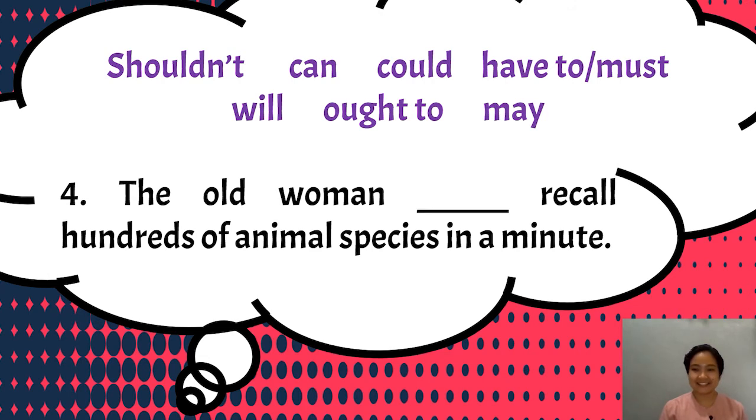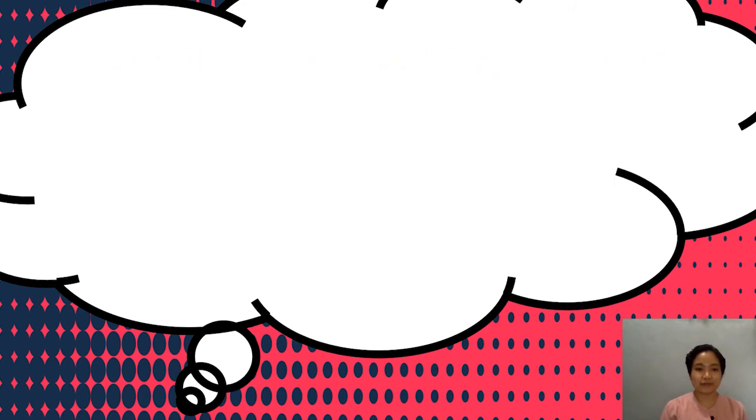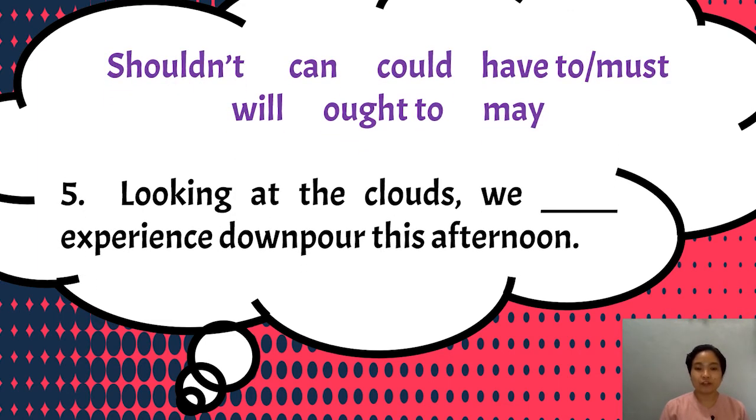The answer is can because that's an ability. Number 5. Looking at the clouds, we blank experience downpour this afternoon. The answer is may because it shows possibility.